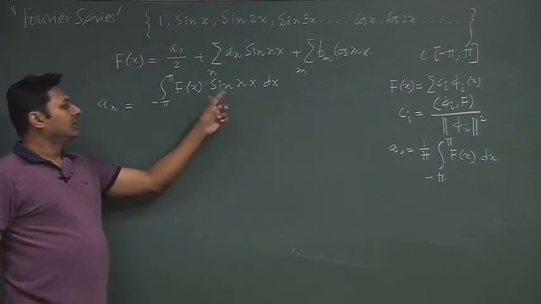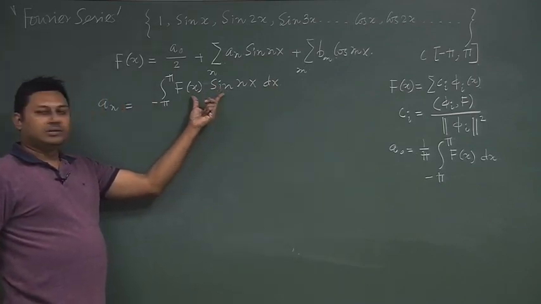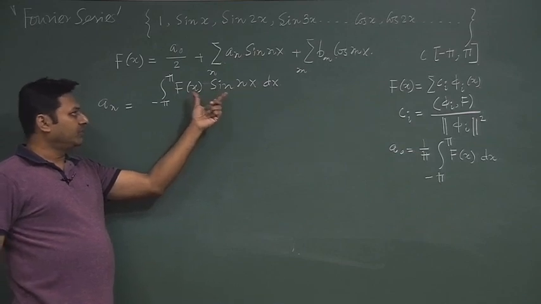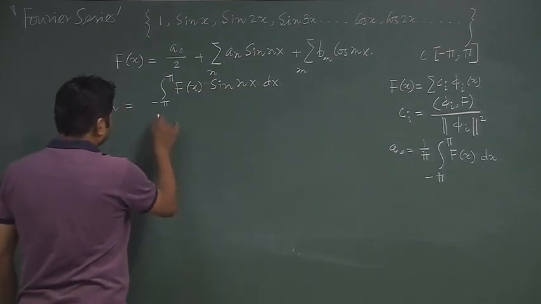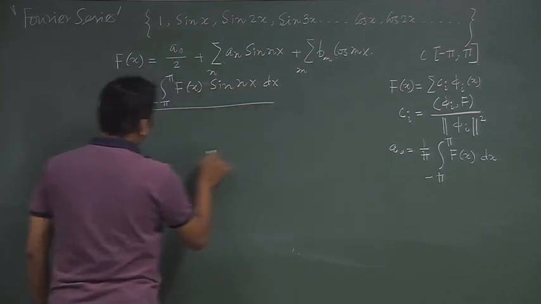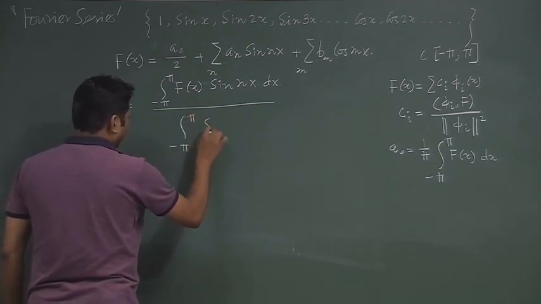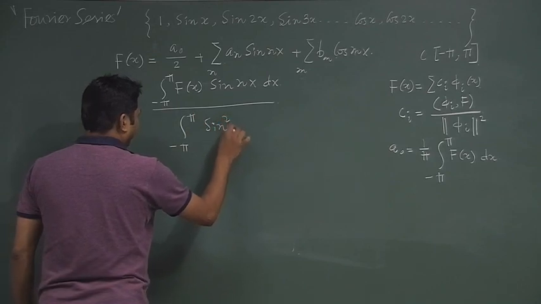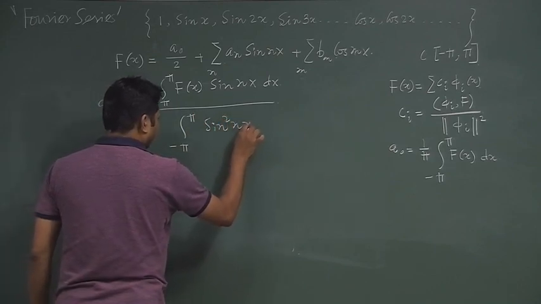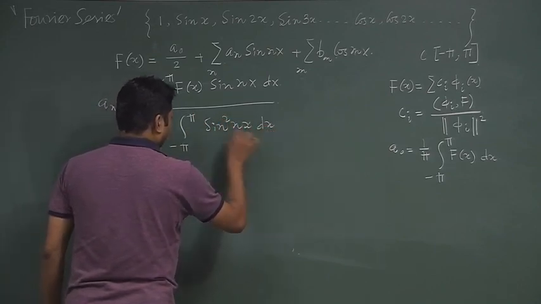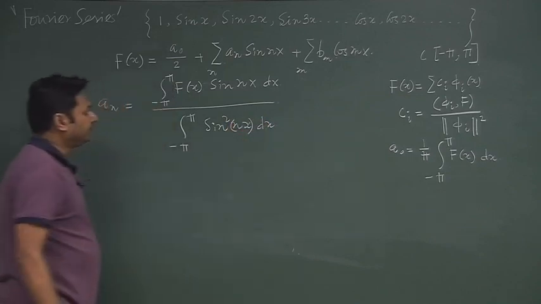This is nothing but the inner product of this function with sin nx divided by the integration from minus pi to pi of sin square nx dx, this quantity.